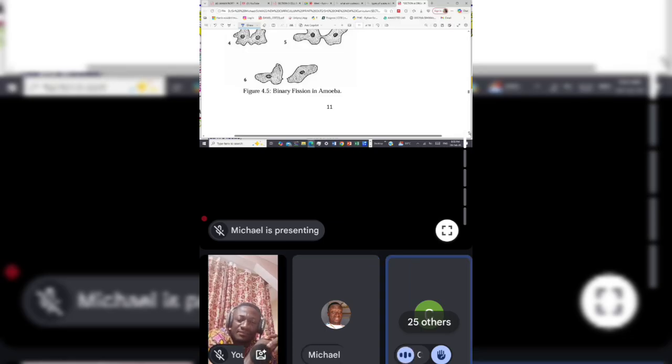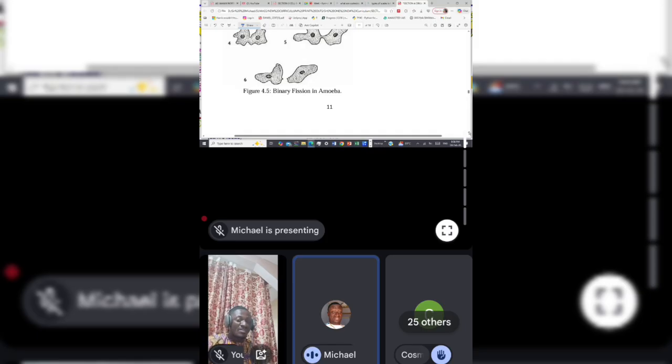The cell division, is it related to mitosis? Okay, I get you. It's not related to mitosis, but it looks similar to that. It goes through a similar process, but under mitosis, we are looking at DNA and a lot of things going on over there. So it's not mitosis, but it's a simple form of it.